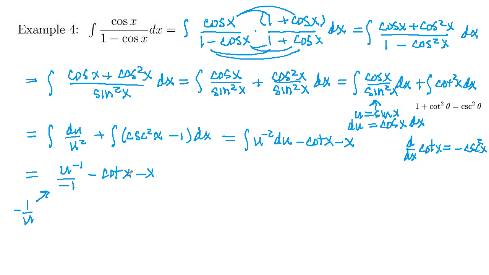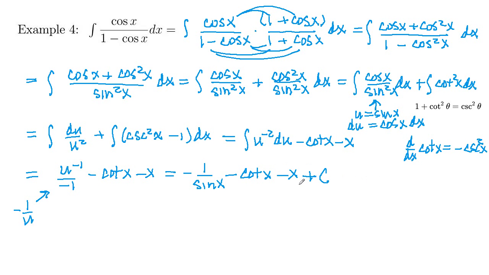If we bring that u down as a positive exponent, and our u here is sine x. So this will be negative 1 over sine x minus cotan x minus x, and now we'll add our constant of integration.